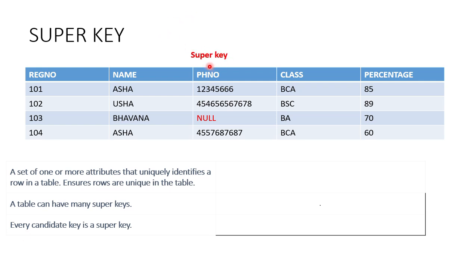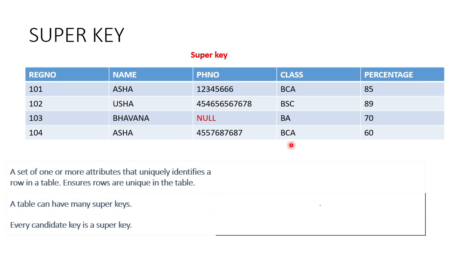The phone number can be specified as a super key because it uniquely identifies, and there could be null values in it also. If you want to identify uniquely, you can specify this super key. It does not allow duplication, but null values can be there. Similarly, can you give class as a super key?